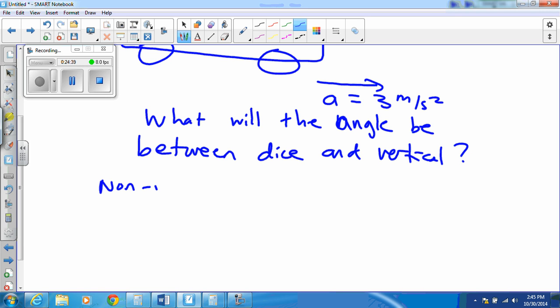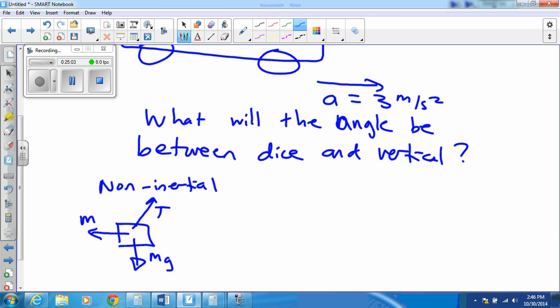So here is our non-inertial analysis. We draw, of course, a free body diagram. It has a tension pulling off at this angle, like this, and mg pulling down on the dice.